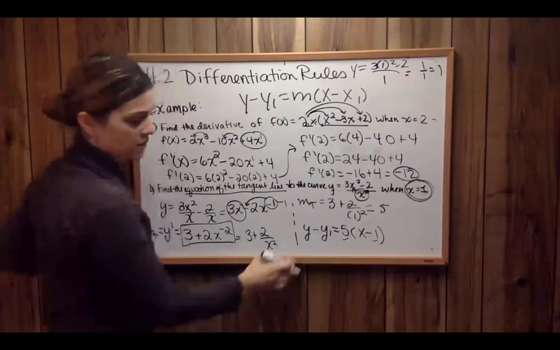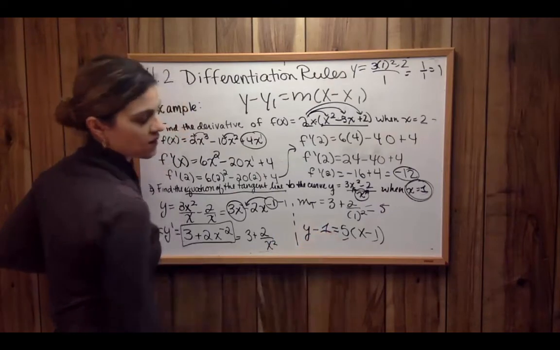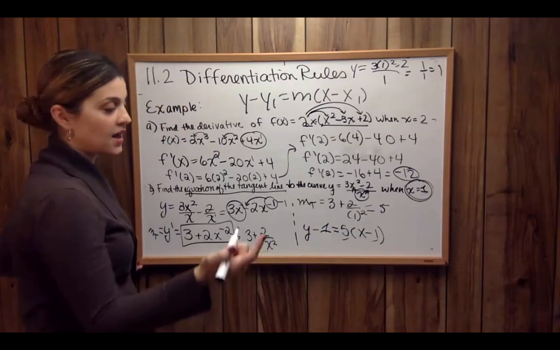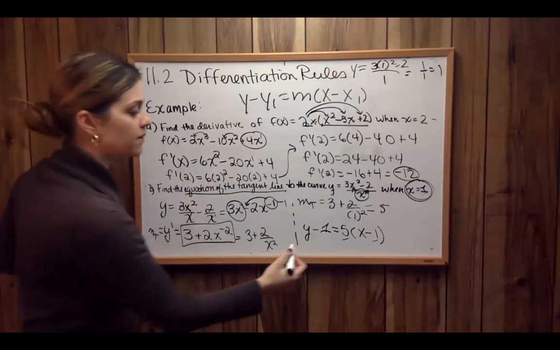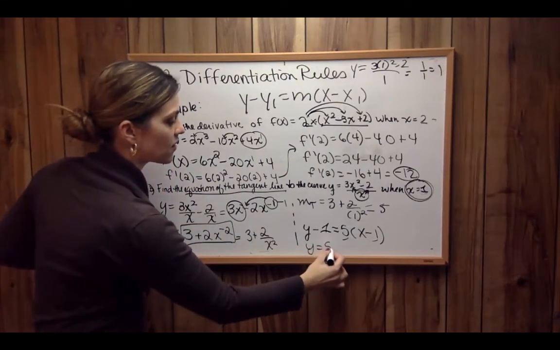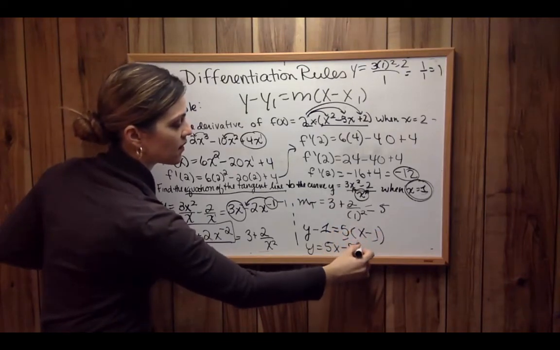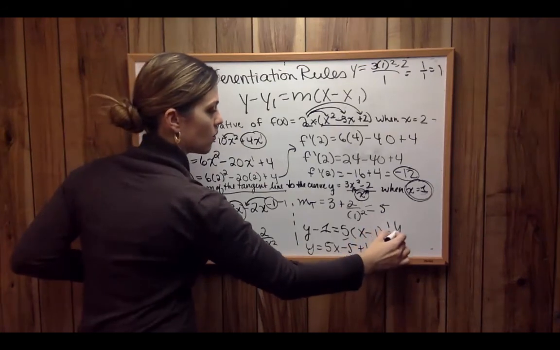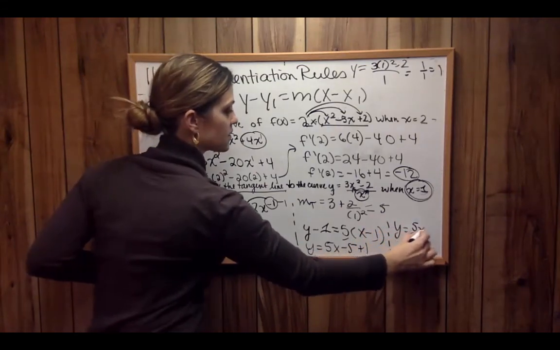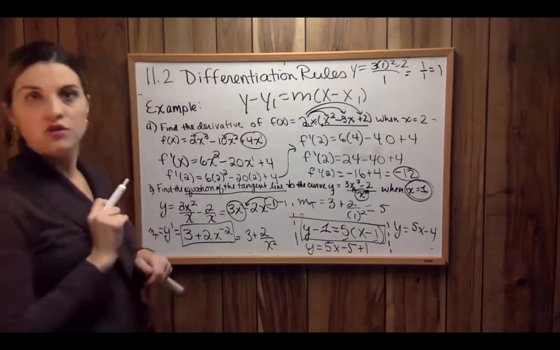So that's 1. So I'm just going to come here and I'm going to do this. 1. And that's my answer. If you did the slope-intercept form, you got 5x minus 5 plus 1. So you would have gotten y is equal to 5x minus 4. However, that's a marvelous answer just in point-slope form.